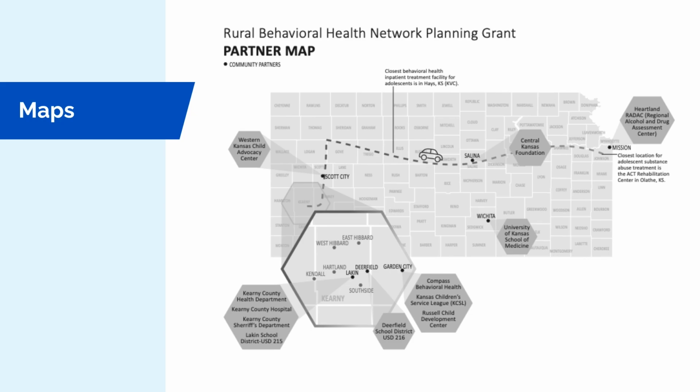And so we really needed to be able to explain how things were happening across the state. And then even zooming in on our key community near Garden City, and not just the distance and the locations, but then also the community organizations that were going to be happening in it.